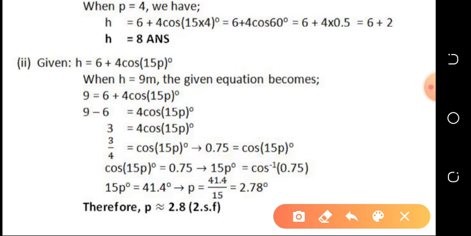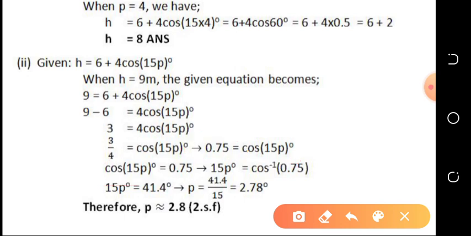What do we do next? We have to divide both sides by cos. You know, 0.75 equals cos 15P can also be rewritten as cos 15P is equal to 0.75. I hope you understand that.